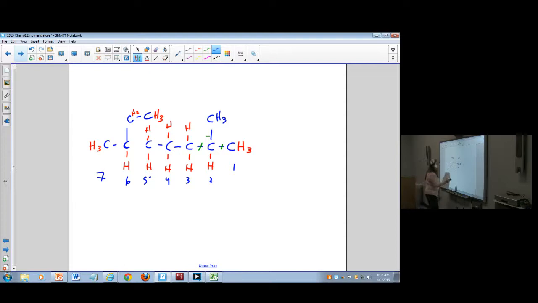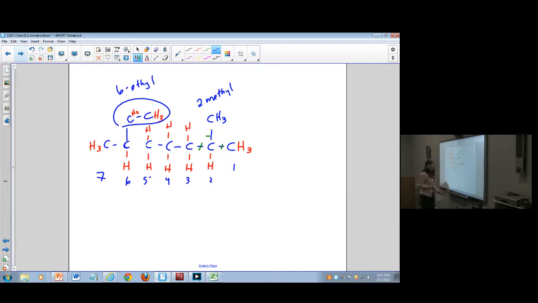And then we'd have this substituent, 2, wait, am I going to be able to do that alphabetically yet? No, but this is a 2-methyl. I need to think about how to do this alphabetically. And then here I've got a 2-carbon group, and it's on carbon 6, and we'll call that ethyl.